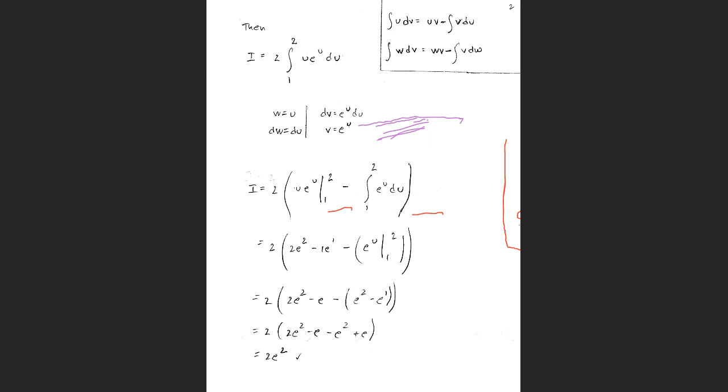Some of you in the homework might do this. You might make these assignments, w equals e to the u and dv equals u du, and you end up with this. But then you know that's not going to work. So then you go back and say, let me try to let w equal u instead, and dv equal e to the u du.